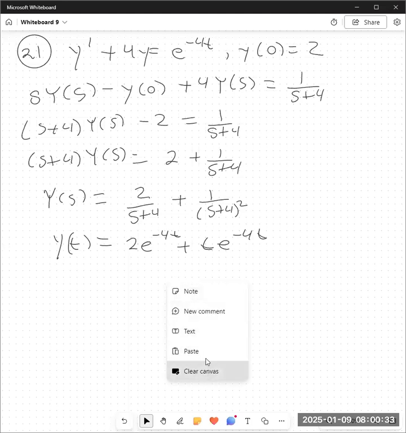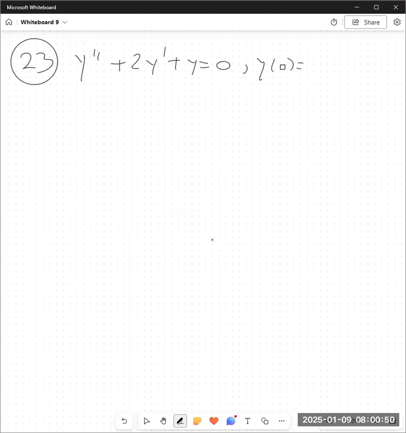Look at number 23. This is y double prime plus 2y prime plus y equals 0, with y of 0 equaling 1 and y prime of 0 also equaling 1.